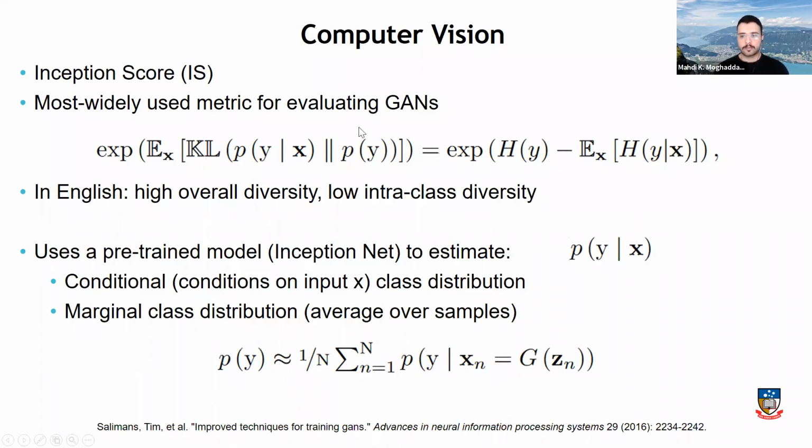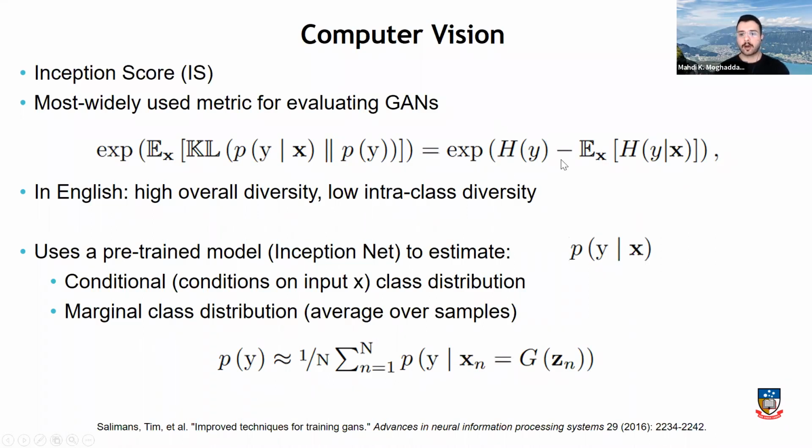If we do a bit of math, we see that the inception score is basically the exponential of the entropy of y, where y is the samples that you're generating and x is the input, minus the expectation of the conditional entropy. Putting that in English, we want a high value.